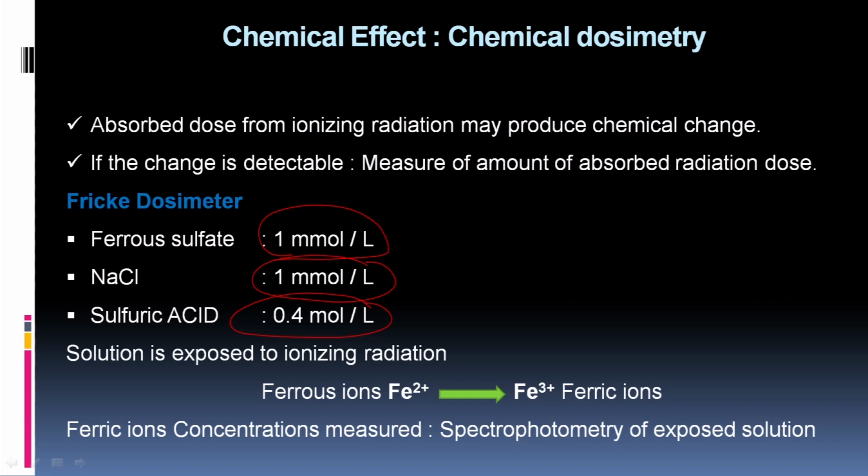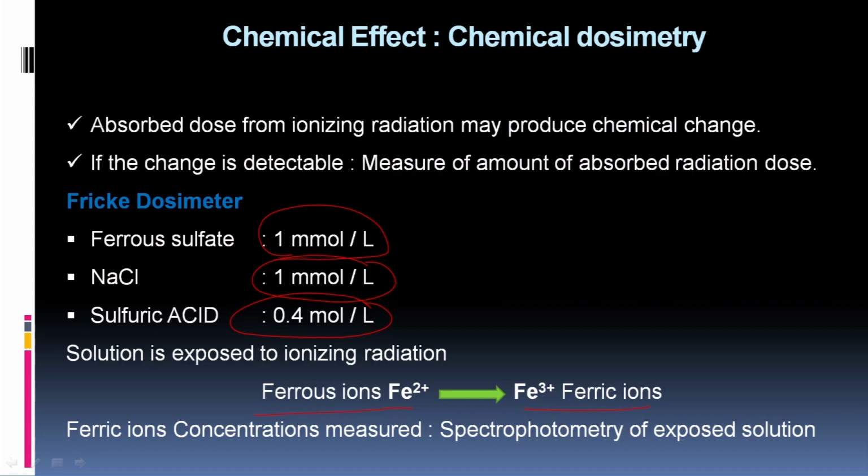Now, when this solution is exposed to radiation, there is oxidation, by which ferrous ions Fe2+ are converted to Fe3+ ferric ions. Meaning after exposure to radiation there is oxidation and ferrous ions are converted to ferric ions, meaning Fe2+ converted to Fe3+.